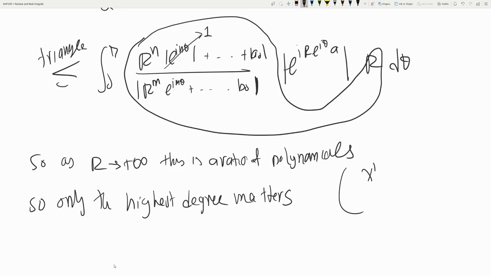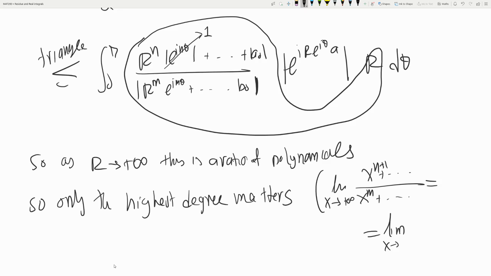If you had x to the n and other stuff over x to the m plus 1, and you ask what's the limit as x goes to plus infinity, you can do L'Hopital, you can just look at ratios, whatever you like.